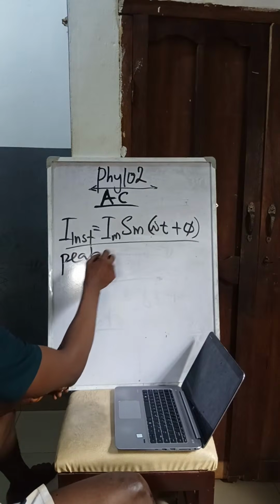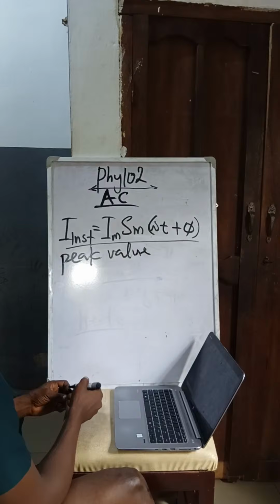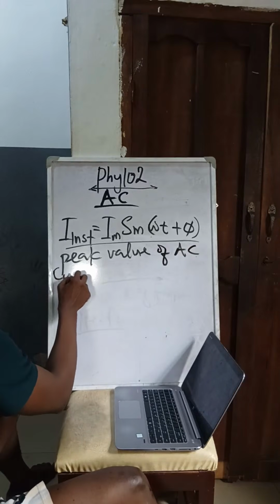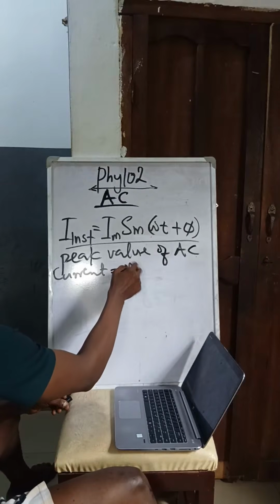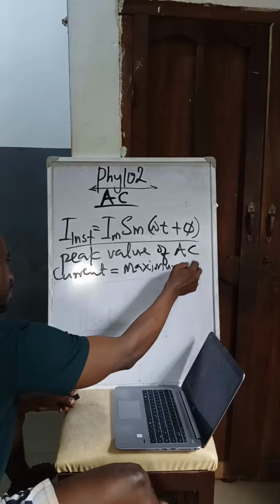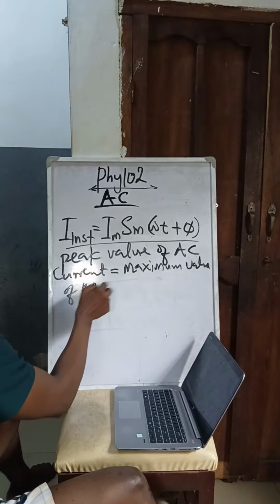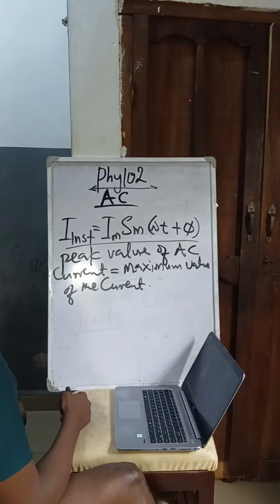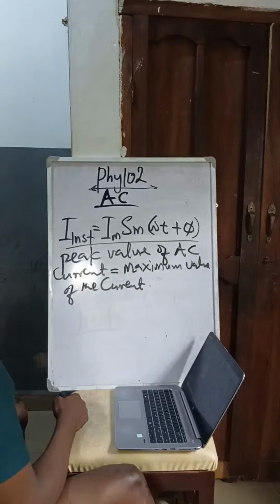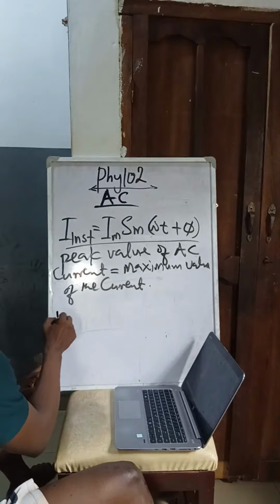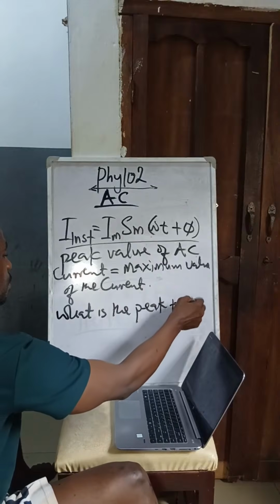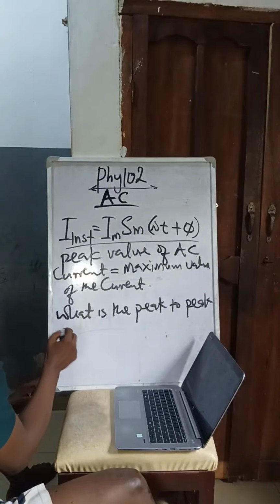Peak value of AC current is the same as the maximum value of the current.